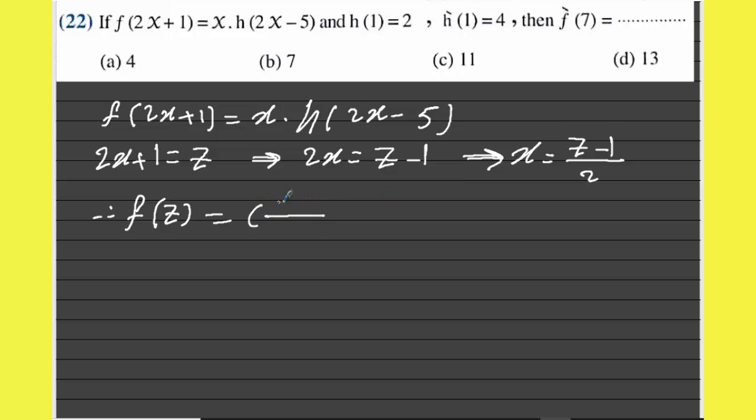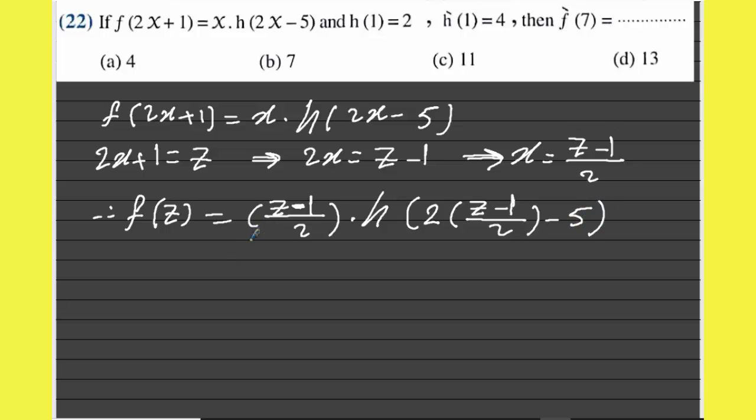It is z minus 1 over 2 dot h of 2x minus 5. It means to multiply z minus 1 over 2 by h of the argument.